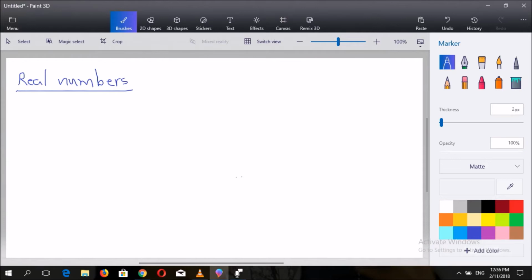Now I would like to refresh your memory about the types of numbers that we have previously talked about in the last lectures. We have talked about integers, and we said that integers is the set of numbers which contain numbers that do not have decimal points.